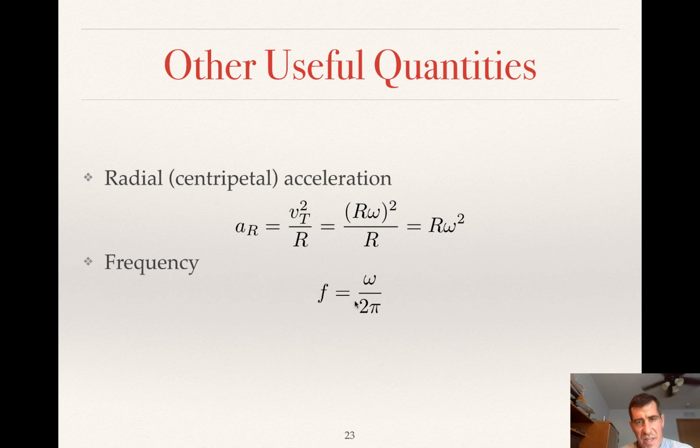So frequency then has units of technically 1/seconds, or you could think of it as revolutions per second. That's what frequency is, the number of revolutions per unit time. You can also define the period, and the period is always the reciprocal of the frequency. So if frequency is revolutions per second, the period is seconds per revolution.